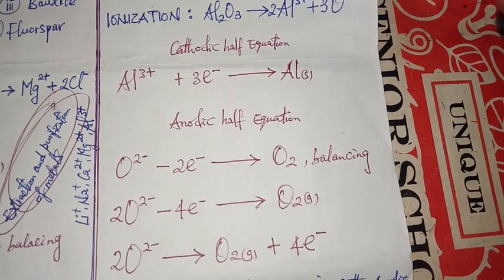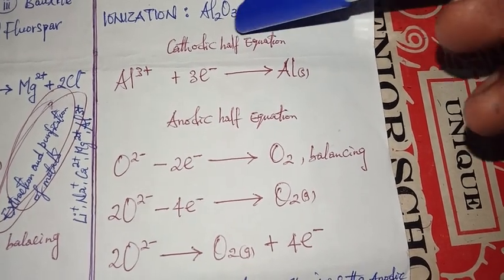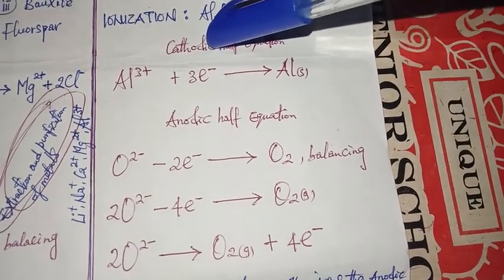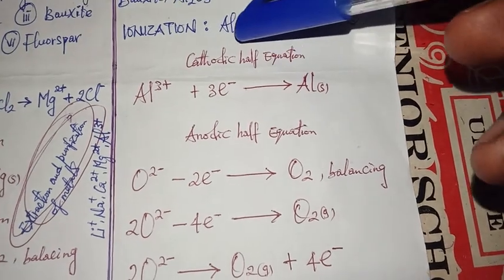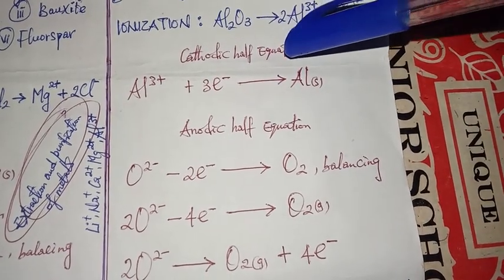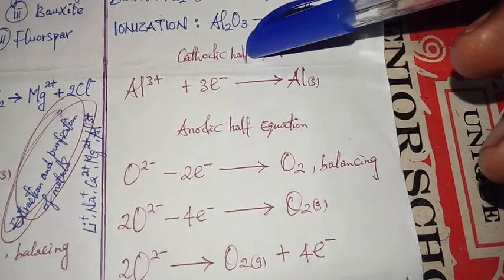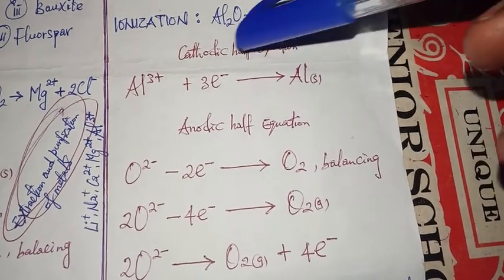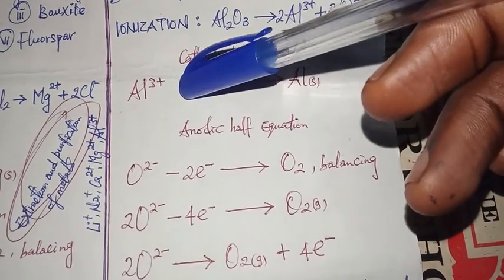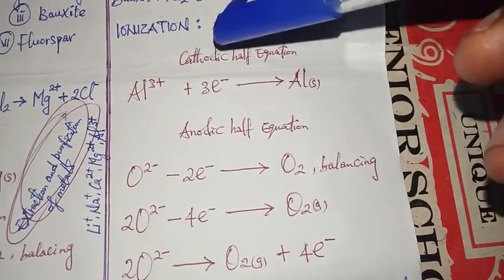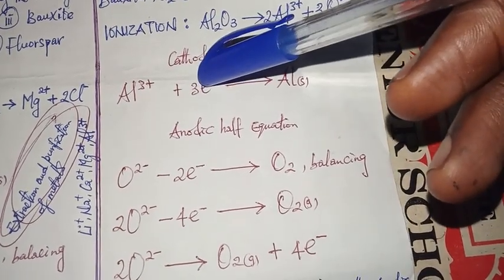The aluminium cation will migrate to the cathode, and we express what is going to happen at the cathode using the cathodic half equation. At the cathode, anything migrating there will gain electron. We say that it undergoes reduction.